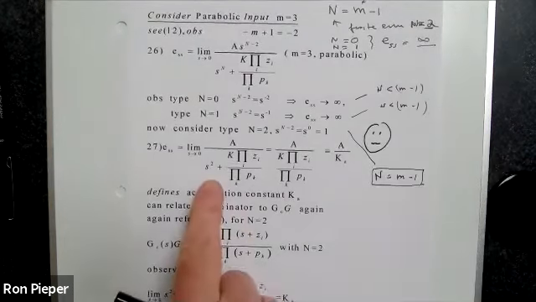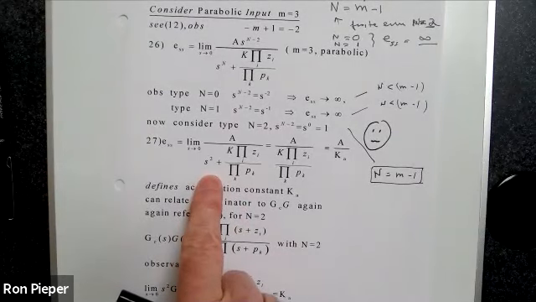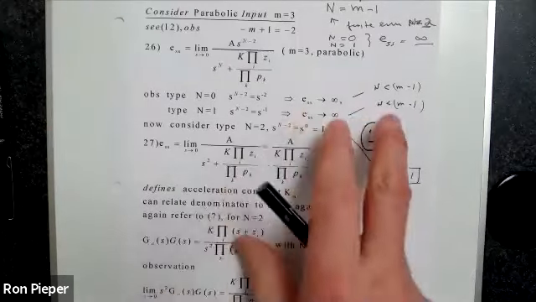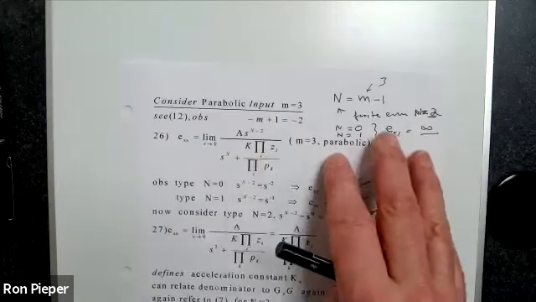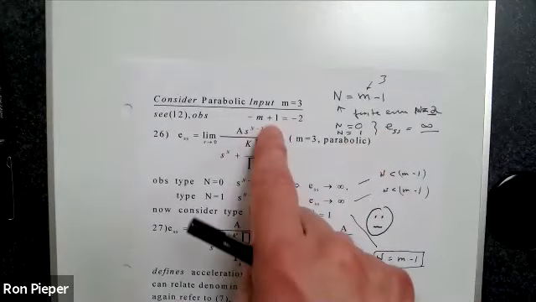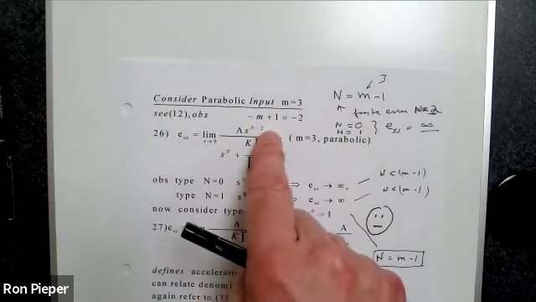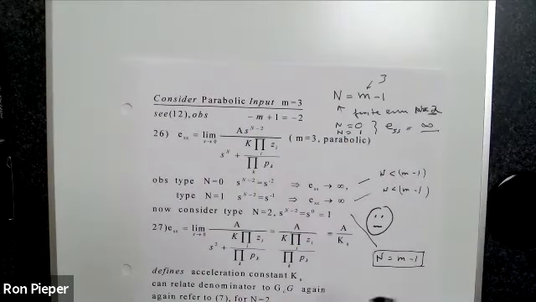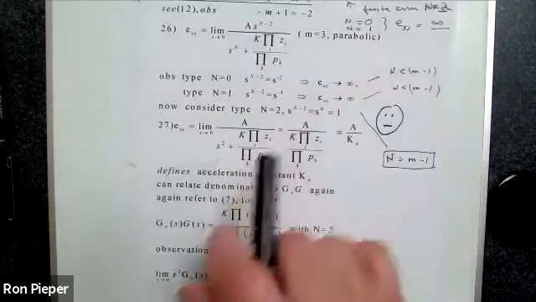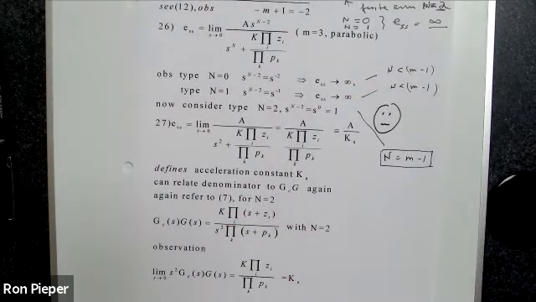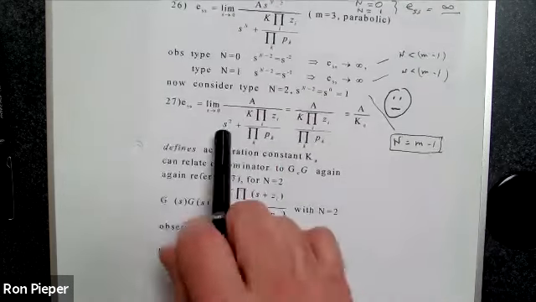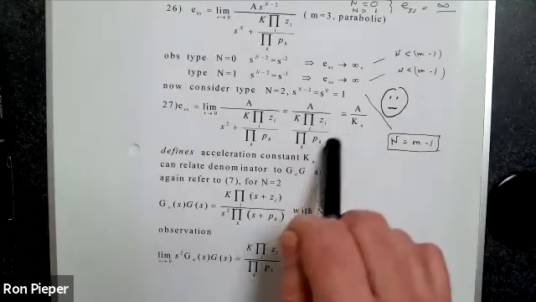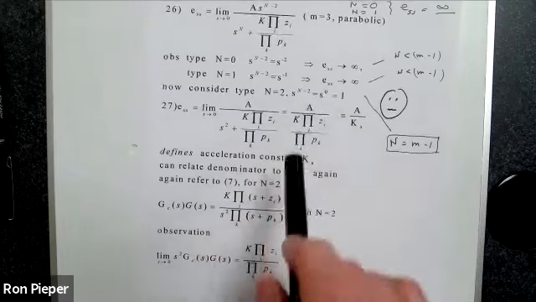For n equal to 2, notice what happens in the numerator. 2 minus 2 is 0, so there's no s factor in the numerator like there was before. And we get an s squared down here, but that isn't going to make much difference, because in the limit that s goes to 0, it goes to 0. So 0 plus something is 0, and you get back the form that we see here.